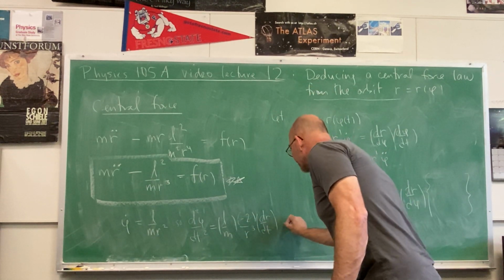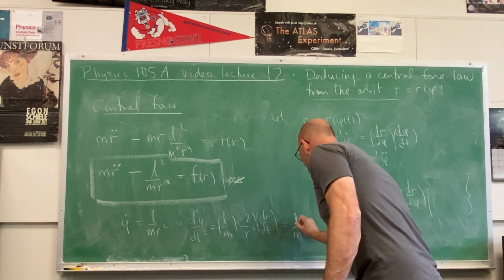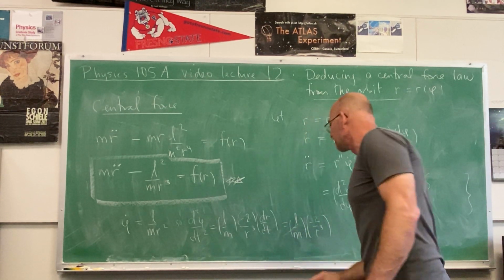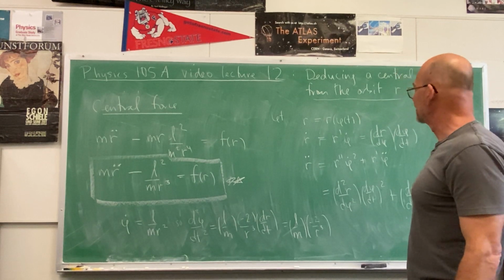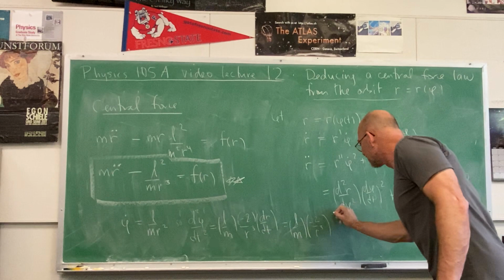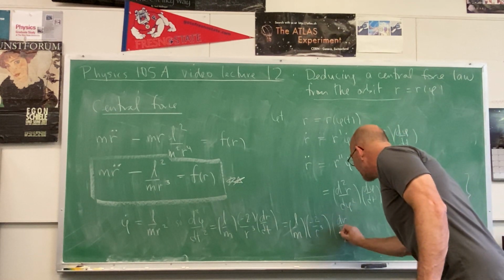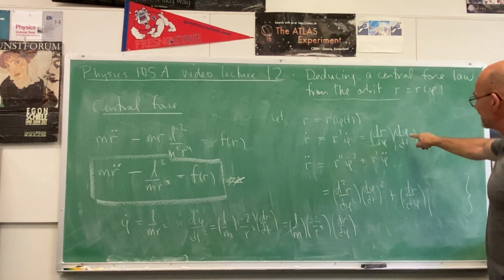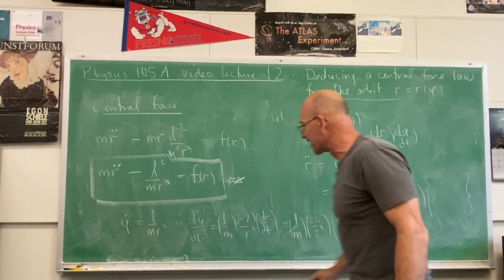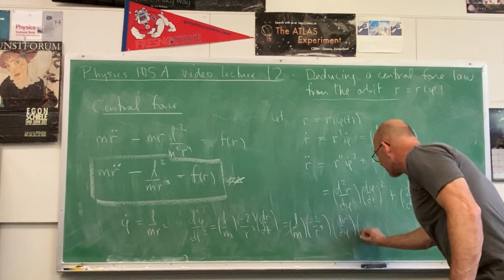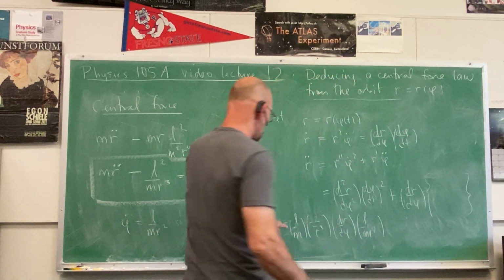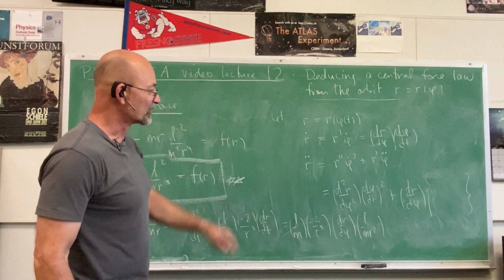So that has to be written L over m, minus 2 over r cubed. And then the dr dt is right here. So that's dr d phi, d phi dt, but phi dot again is right here, so we have another L over m r squared. So this is the object that has to be plugged into my curly bracket there.